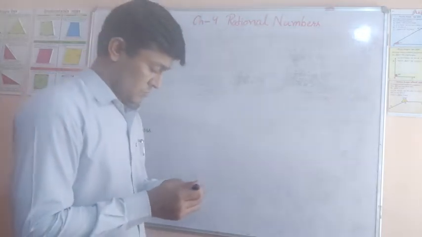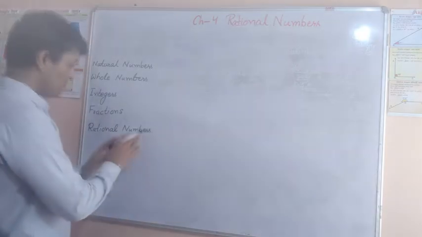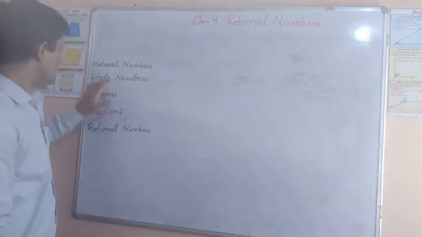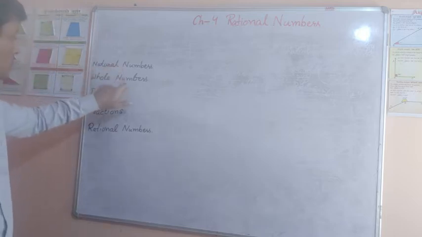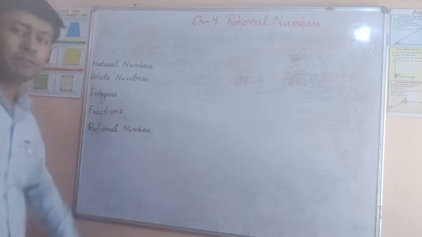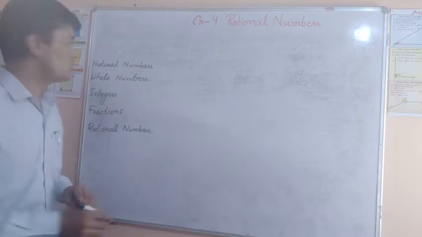So we will start rational numbers with the definition first of all. Before the explanation of rational numbers, you must be clear with natural numbers, whole numbers, integers and fractions, and then we will discuss the rational numbers. First of all, natural numbers, you all know very well.